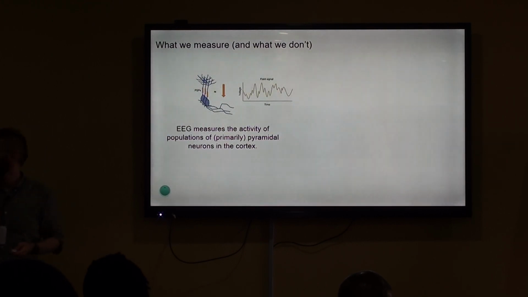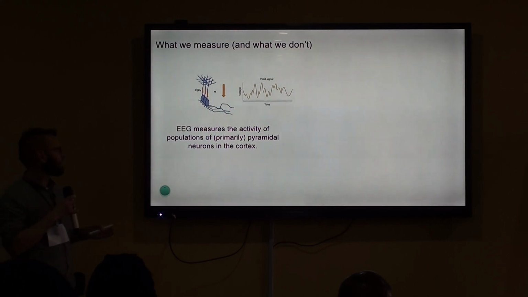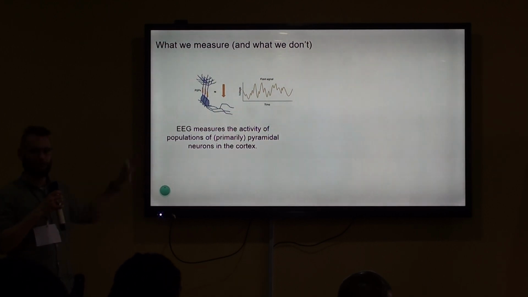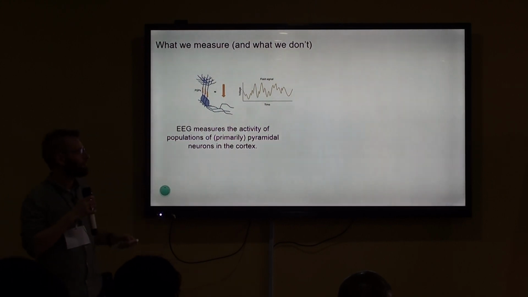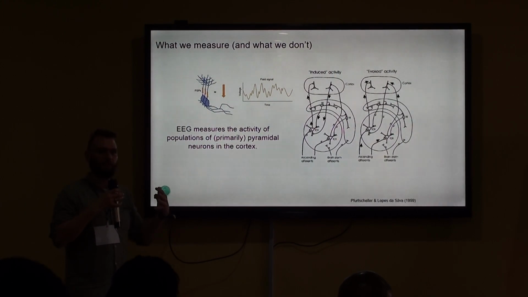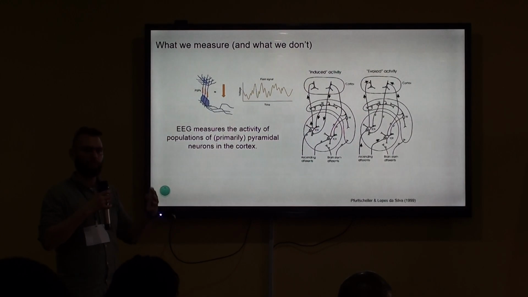Okay, so I think I will stop here. Just a summary of the day. What we measure is the summation of the currents of pyramidal neurons, and how that changes over time. This is an expression of a wider network of brain processes.